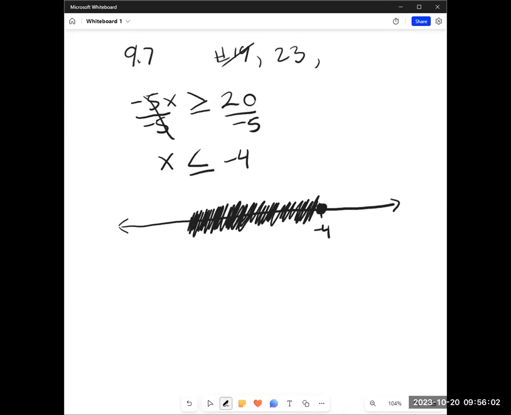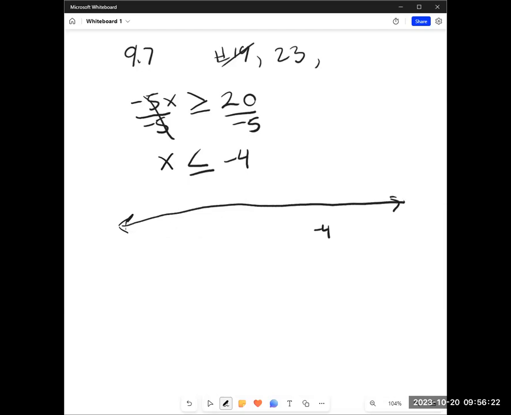I'm just shading because I'm using the same color so you wouldn't see my line on top of my other line. I'm going all the way to the left here. Let me draw it above the line. My solution set is going to go that way.